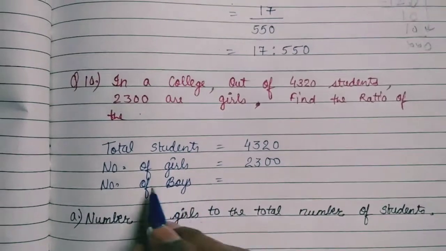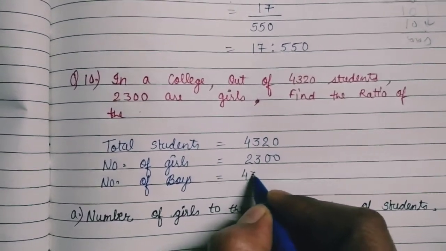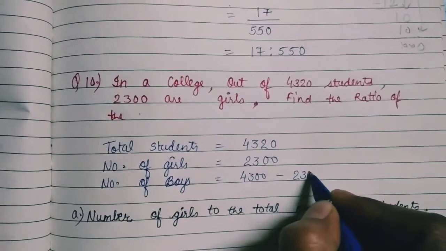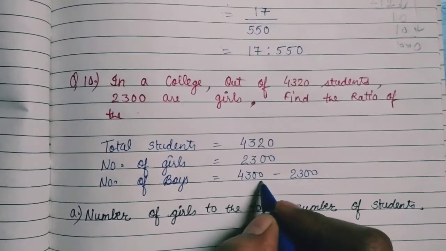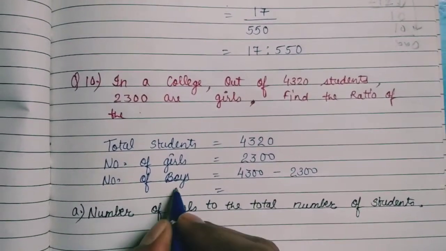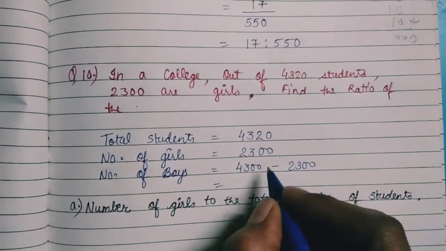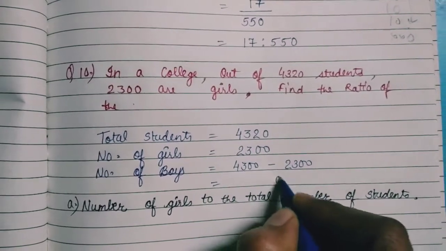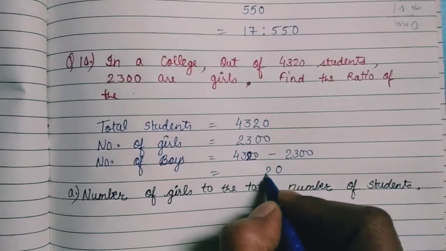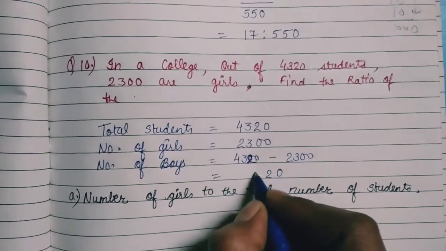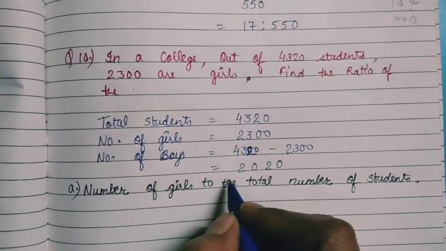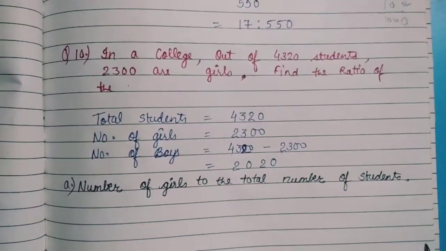Okay, the number of boys can be found when the number of girls, which is 2,300, will be subtracted from the total number of students. So we will get the number of boys as 0 minus 0 is 0, 2 minus 0 is 2, 3 minus 3 is 0, and 4 minus 2 is 2. So the number of boys is 2020.